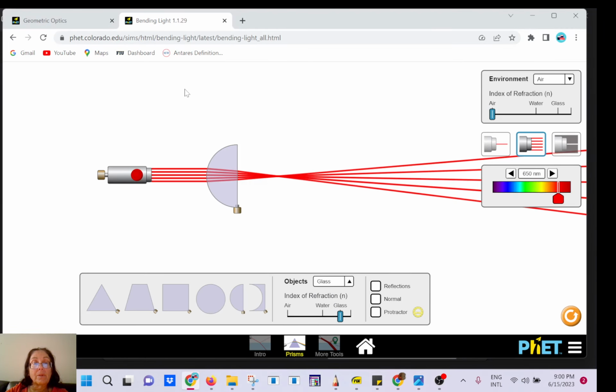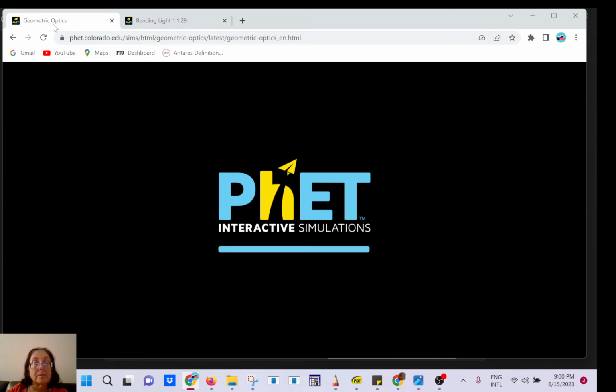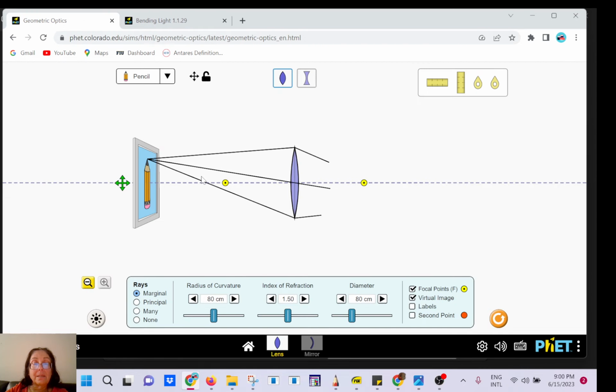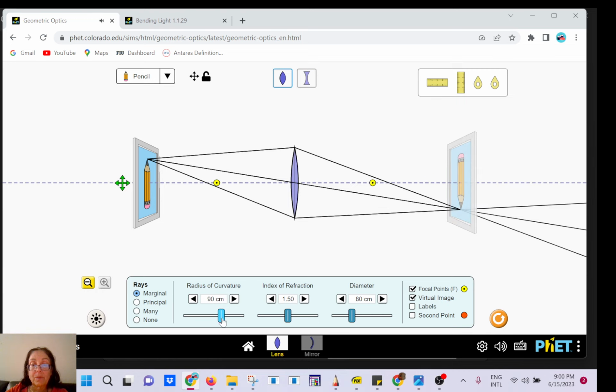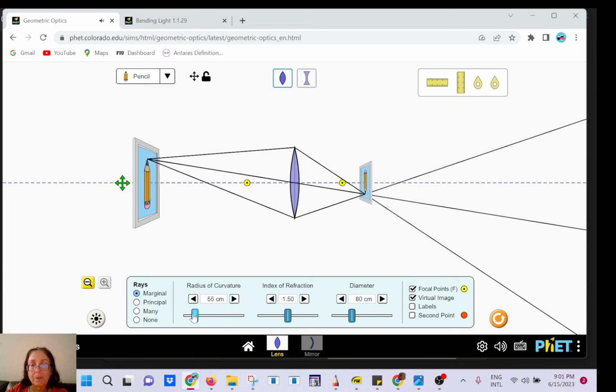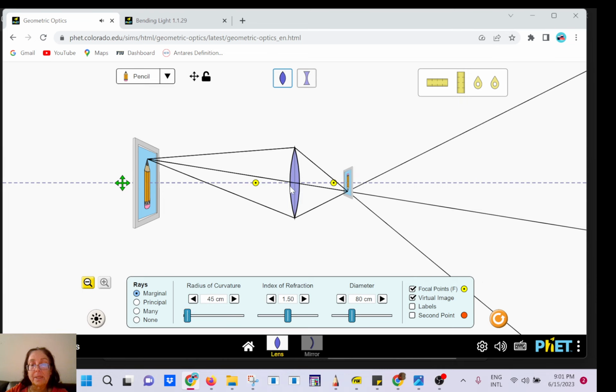So we talked about that when we take a lens, you change the radius of curvature. See, if you make the radius smaller, that means the lens gets thicker. So the curve here is smaller, so that makes the lens thicker, and the focal distance will decrease.